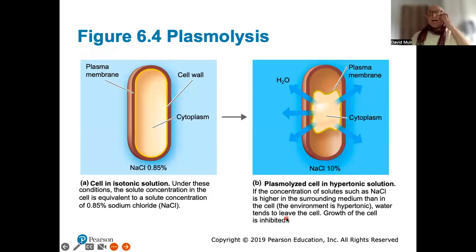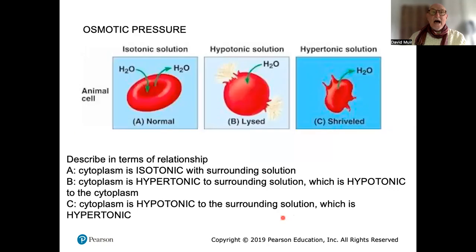So let's have a look now in bacteria and see what the impact of this is, because bacteria can move from one situation to another. Especially environmental bacteria may be subjected to different osmotic pressures. Usually, bacteria are exposed to an environment where the outside is hypotonic.